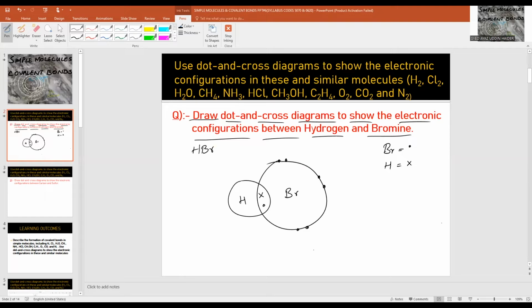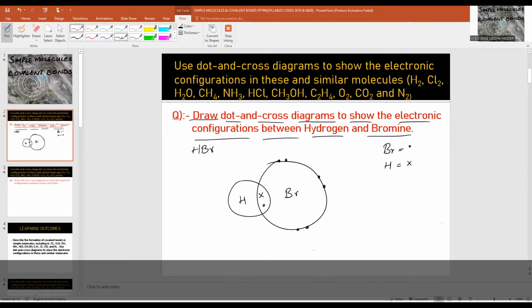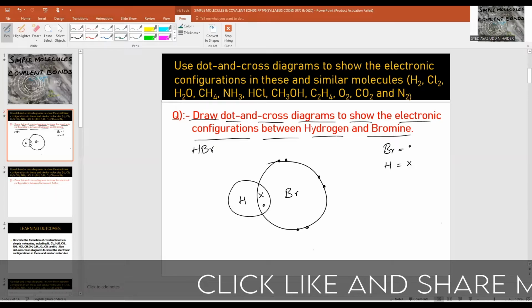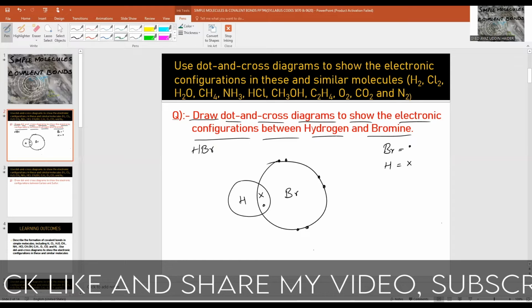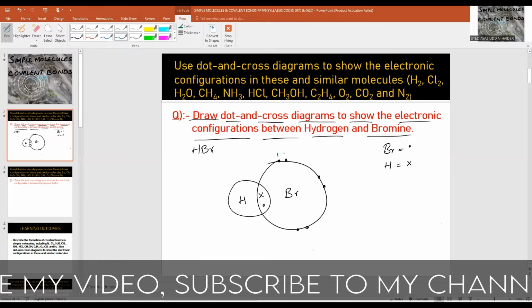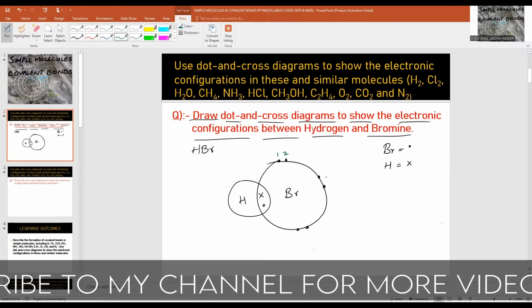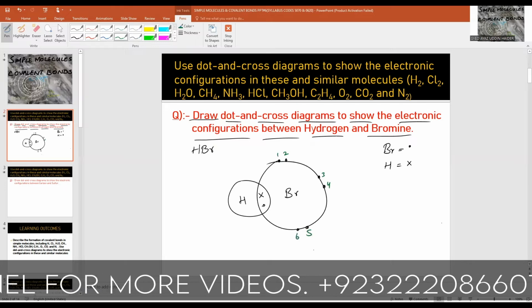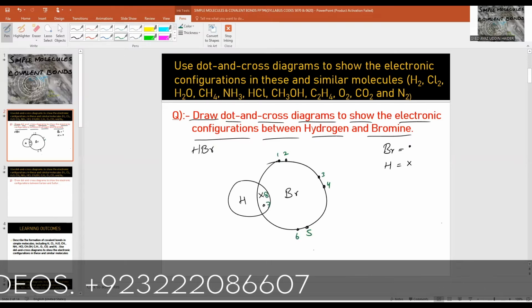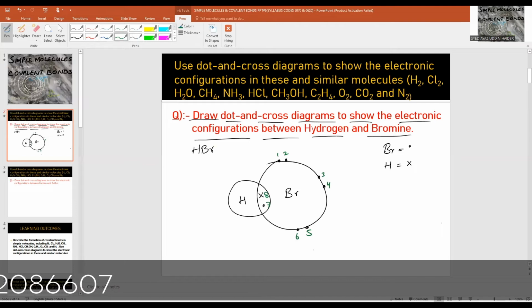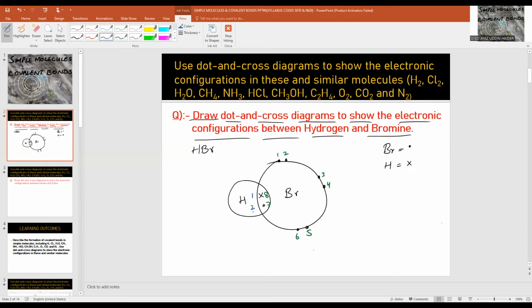Bromine has 7 electrons, as it belongs to group 7, so it has shared one of its electrons with one electron from hydrogen. Let's count the electrons for bromine: 1, 2, 3, 4, 5, 6, 7, 8. And hydrogen needs one electron to complete its valence shell. This one belongs to hydrogen, and this one is coming from bromine. So it has also completed its valence shell.